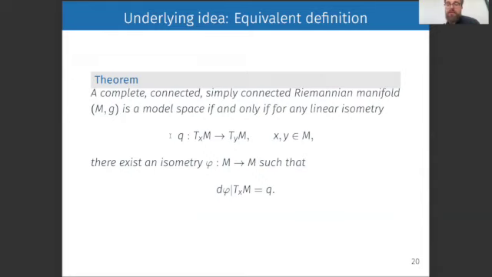That means you can take any pair of points x and y and any isometry between their tangent spaces, and then there always exists an isometry of the entire manifold which takes x to y and maps the tangent space exactly like the given isometry. So you can go to any point and you cannot see the difference on the manifold, and you can turn in any direction at any point and you cannot see the difference. And this is perhaps something that we can make sense of for a sub-Riemannian manifold. That's why I'm introducing it.